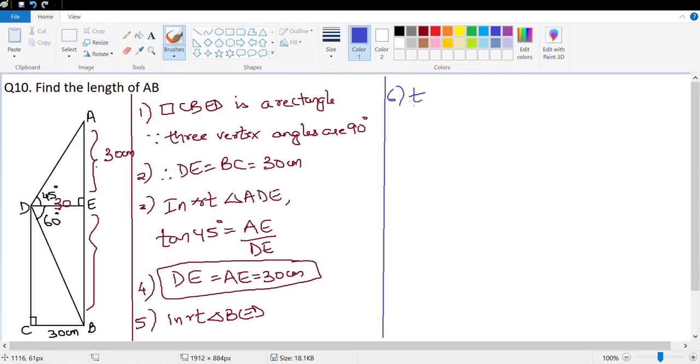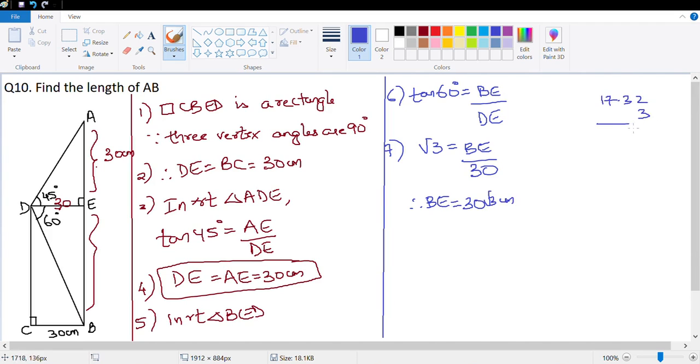Tan 60 degree is equal to BE upon DE. Tan 60 degree is root 3. So root 3 is equal to BE, which we do not know, upon DE, which is 30. Therefore, BE is equal to 30 root 3 centimeter.